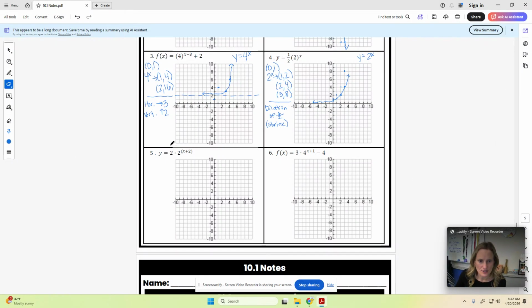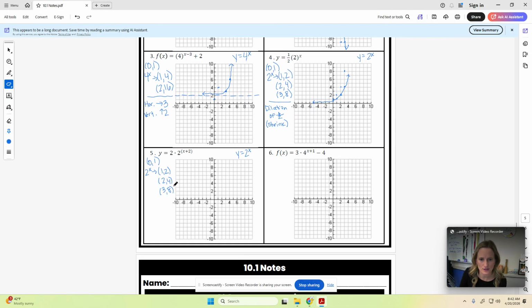This one, there's another dilation. There is also a horizontal shift, but my parent function is 2 to the x. So the same parent function that I had here. So again, intercept of (0, 1), and this parent function leads me to the points (1, 2), (2, 4), and (3, 8).